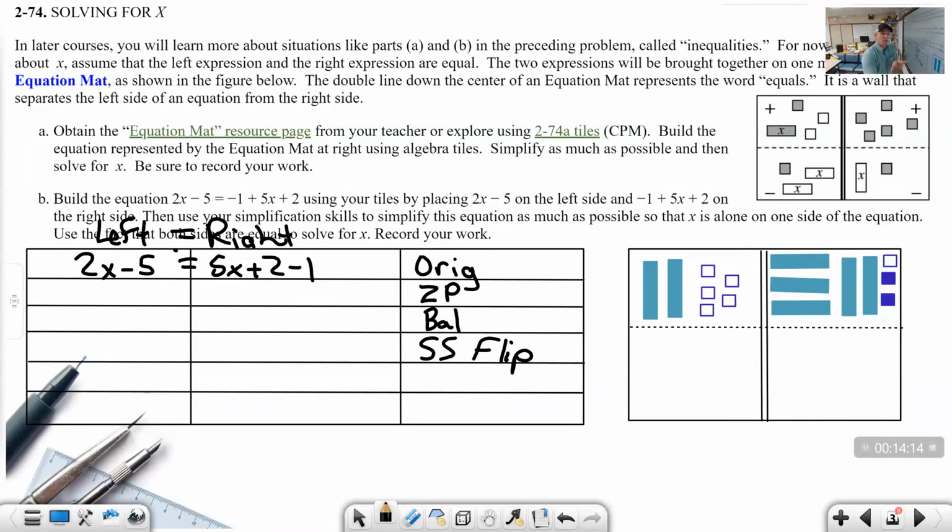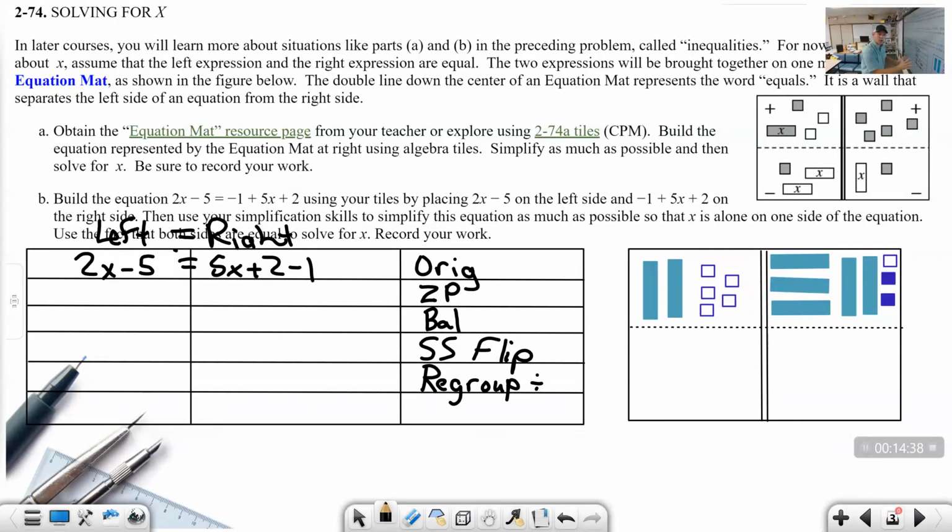You're going to take the tiles that you need to move from the right and you're going to flip it to the left. Okay? And your last legal move is going to be a regroup. Remember, regroup is like division, where instead of 3x, you want to know how much is in 1.